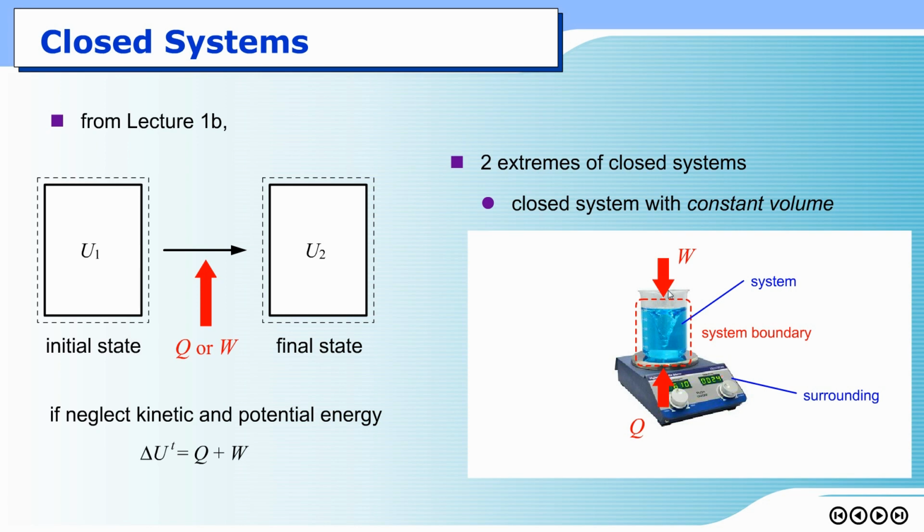Okay, so we give the system work, so there's a W here going into the system. In this case, both W and Q would have a positive sign because we supply the system with energy.